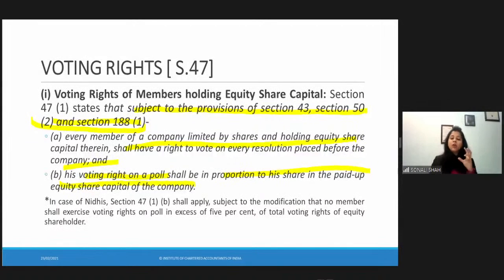So if the paid up equity share capital is 100 CR and he owns shares worth 10 CR, his voting right will be 10%, right? So his voting right will be in proportion to his share in the paid up equity share capital of the company, wherever it is being done on a poll.